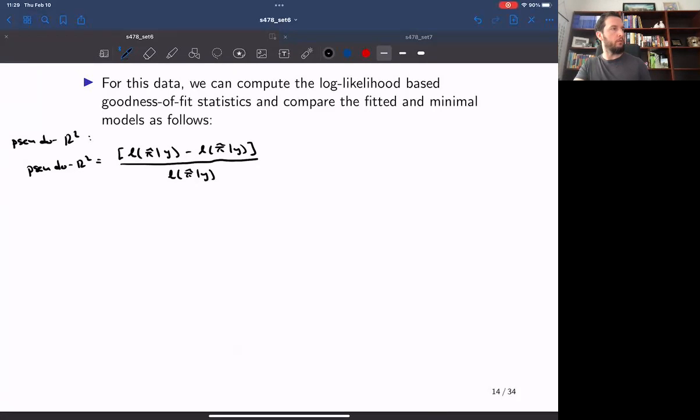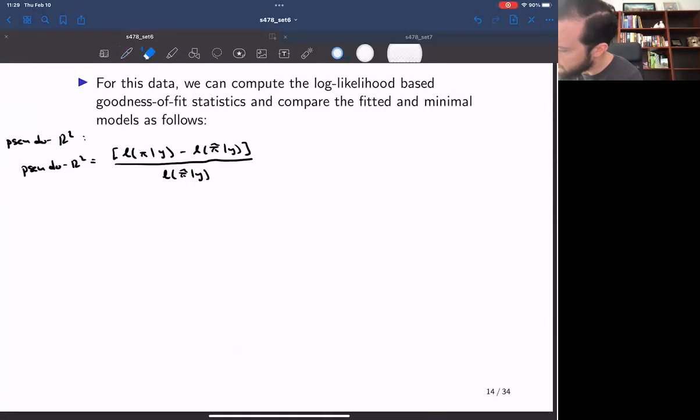Oh no, I have this backwards. Sorry. There we go. Okay, minimal minus fitted divided by minimal.